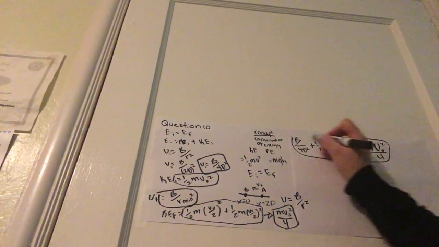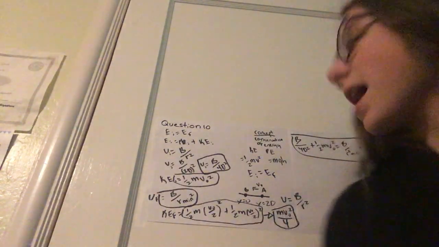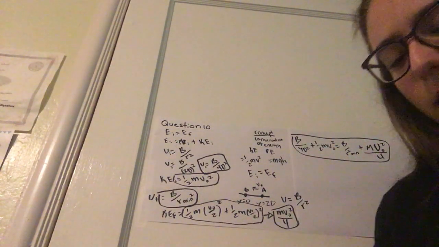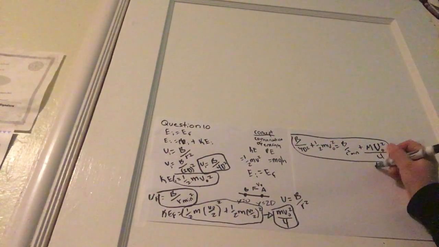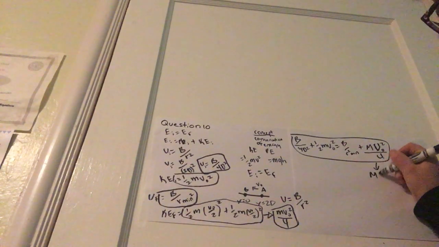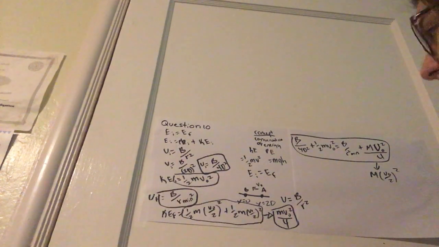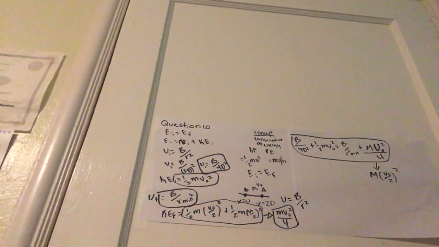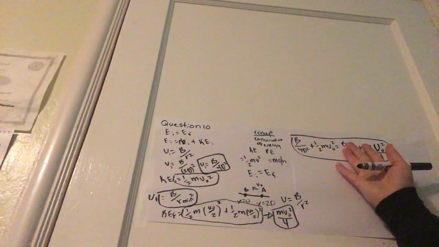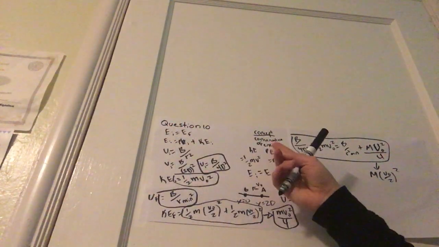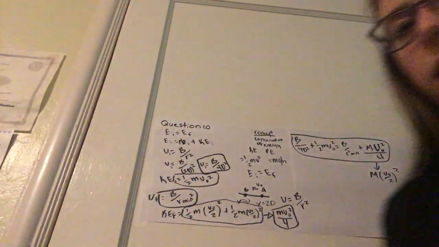This will lead to the correct answer. This can be simplified to m times v naught over 2, squared. So the correct answer will be B because that's what it matches. We figured this out from the conservation of energy, and the correct answer is B.